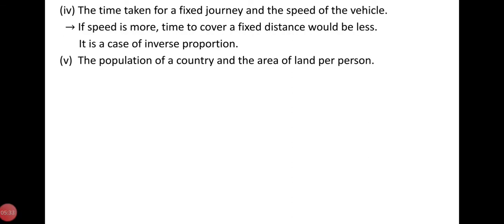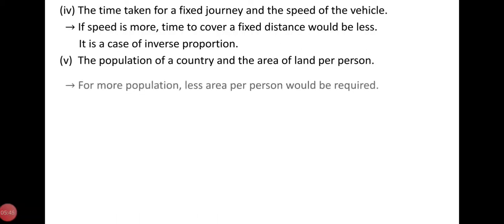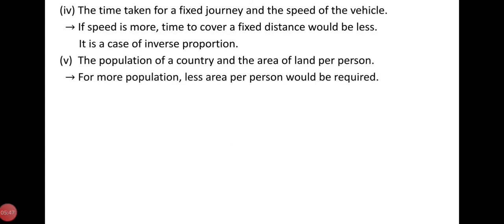Means you know that if more people are there, then they will require land, means the area of land will be lesser for them per person. So for more population, less area per person would be required. Therefore, it is a case of inverse proportion.